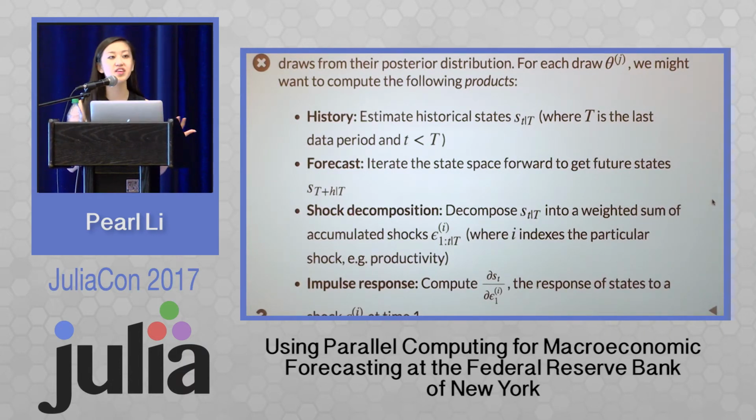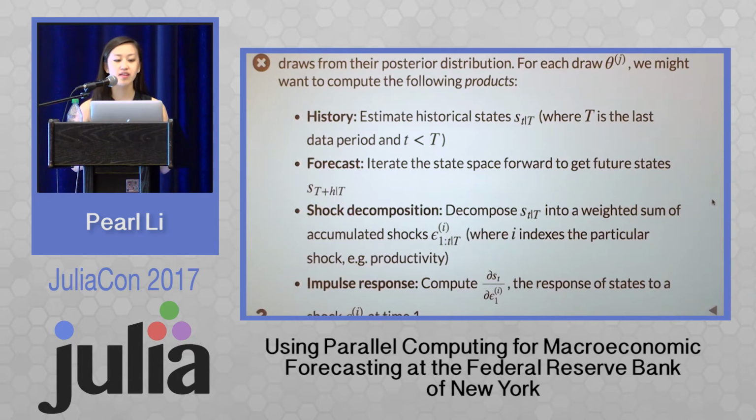So for example, given a theta j, we can estimate what the most likely states throughout the history might have been. And the reason that we care about this is that these are unobserved states, which are separate from the observed data. We can also iterate the state space forward to get future states, so we can forecast, again, given some parameter vector theta.